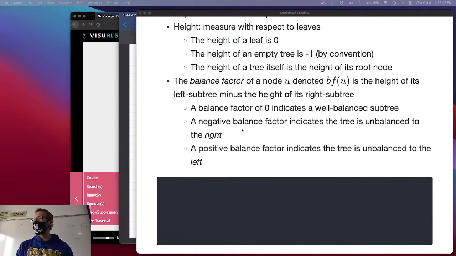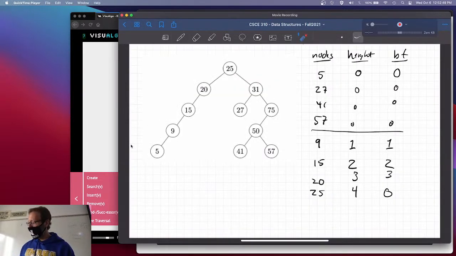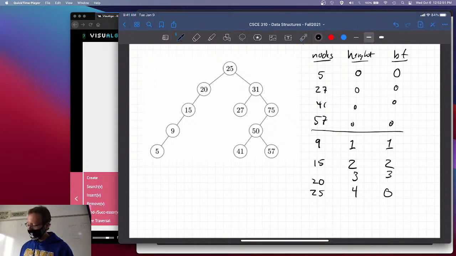Let's continue taking a look at a couple more examples here. What about, let's say, 31? What is its height, first of all? 1, 2, 3. Okay. And what is its balance factor? The height of the left subtree here is 0, because it's a single node tree.